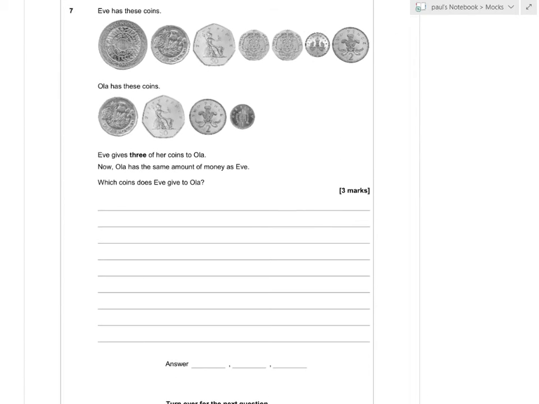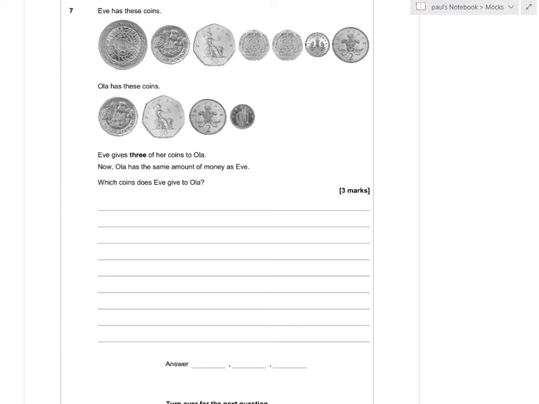Right, Eva, she's got 3 coins. And what's she going to do with these 3 coins? And Ola has some coins as well. Right, so Eva gives 3 of her coins to Ola. Now Ola has the same amount of money as Eva. So what's she got altogether?